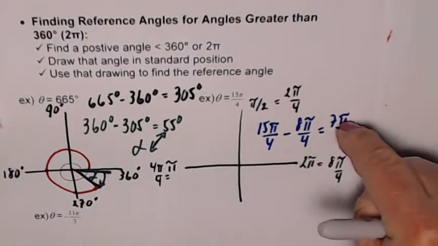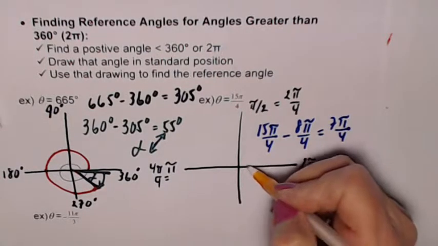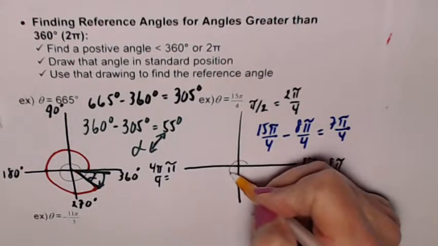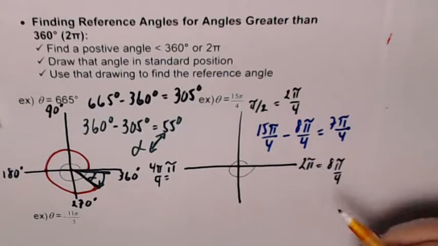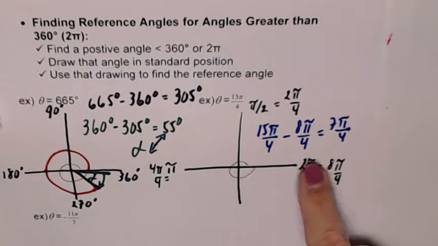So this is going to be the angle that we are going to be focusing on. But again, to show that here is one complete cycle in our original theta, there's our 8 pi over 4.